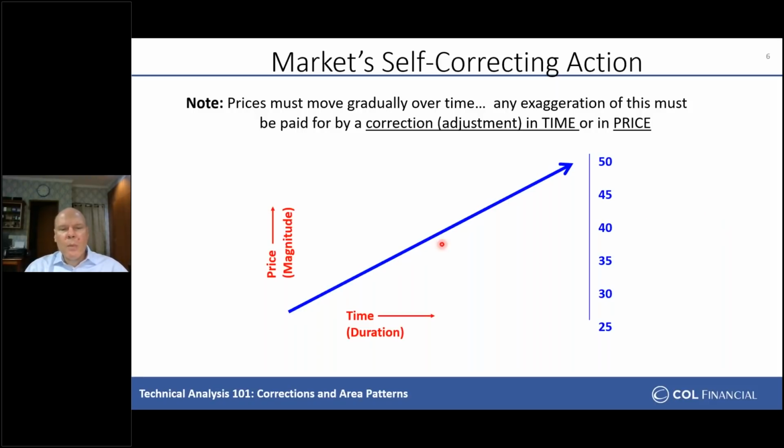If this blue line is the way prices should be climbing, and people see that prices are climbing and it starts to accelerate much faster, it convinces a lot more of the short-term crowd to come buying the stock, and you get an accelerated swing up in price. But remember, this is where the price should be, not up here.